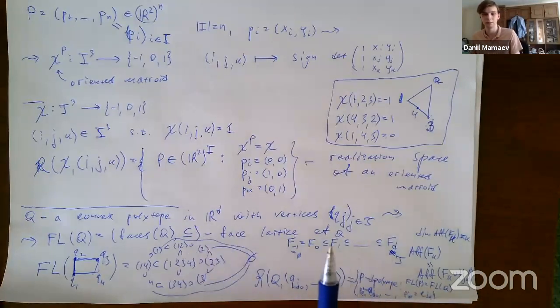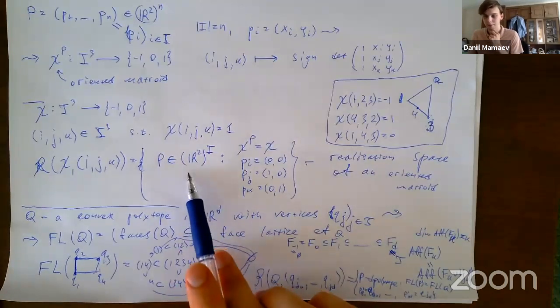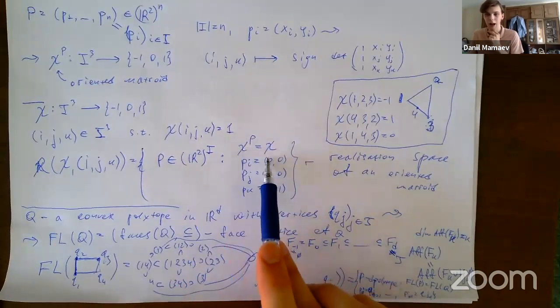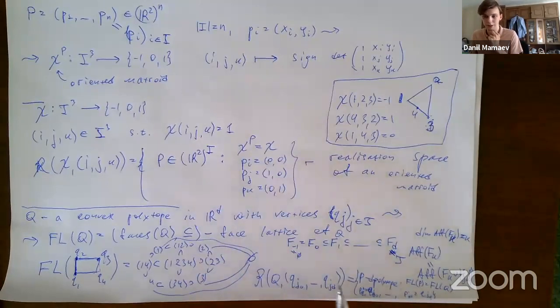If you have this information, then the realization space is just all the point configurations that have these collinearities and orientations. And we also fix some points just to factor out affine transformations. Okay, this was the realization spaces of oriented matroids.